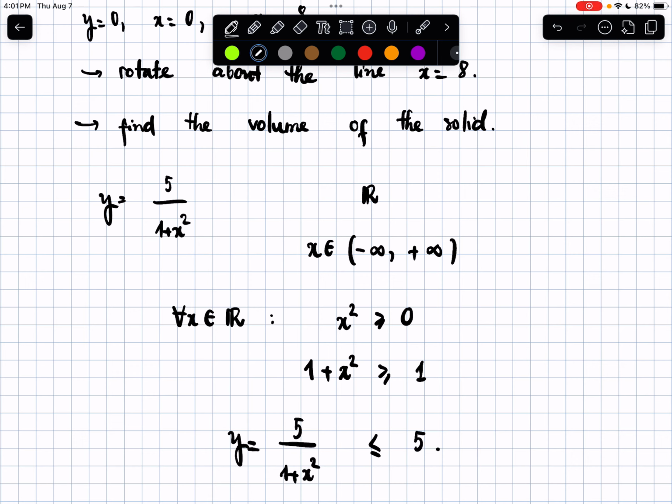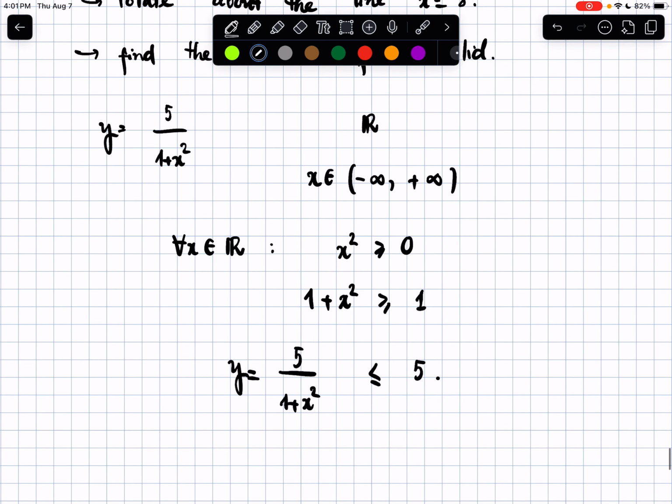So 5 is the maximum value of this function. The equality happens when x equals 0, so (0, 5) is the maximum point.